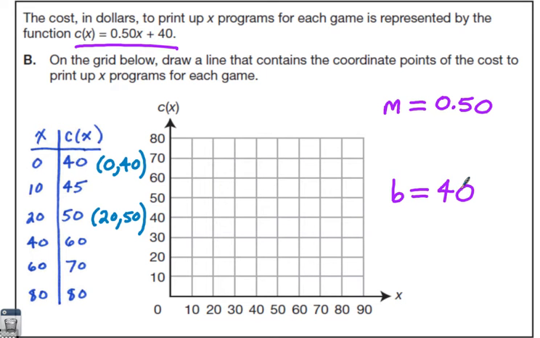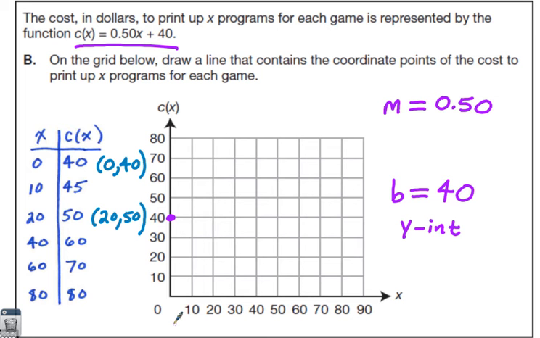Now remember, your B value is your y-intercept. And so I could draw my line by first putting a point at 0, 40, or 40 on the y-axis, my y-intercept, which just reinforces that point.